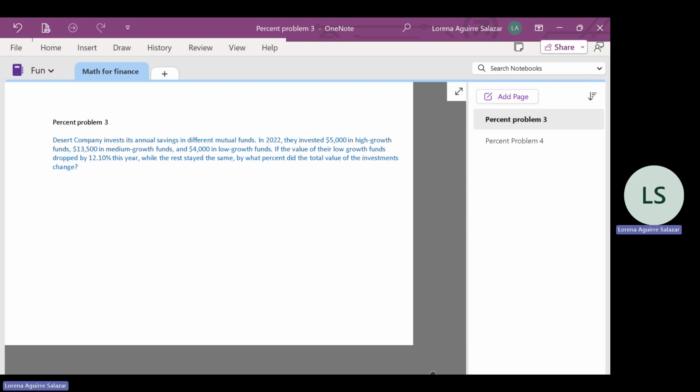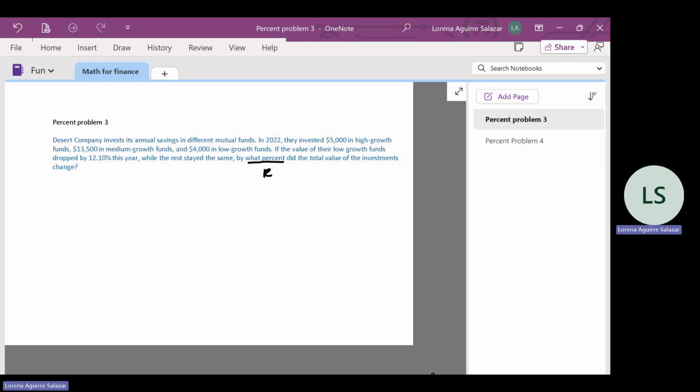So let's see. Because they're asking us about a percent, we're looking for R, the rate. And we need to find that rate with respect to the total value of investments.